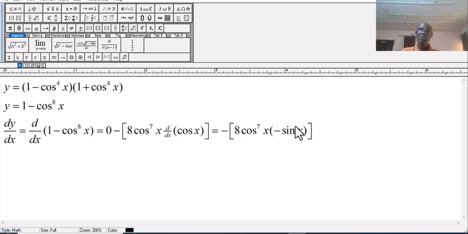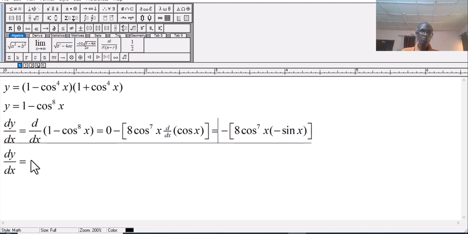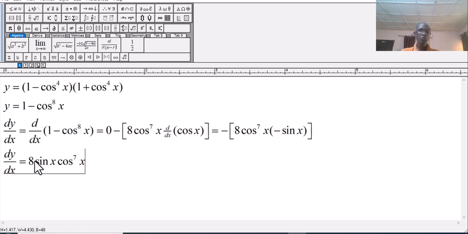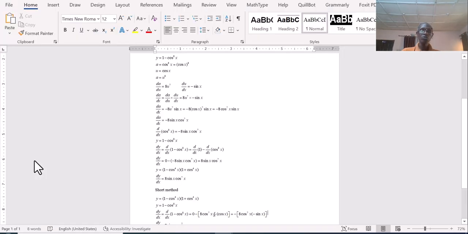So minus times minus changes to plus. So you just have 8 cos to the power of 7 x sine x. This is our final answer, and in just a few lines I'm through. So this is how to go about solving this. This is the short method.